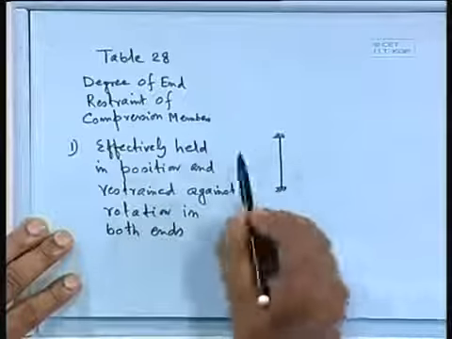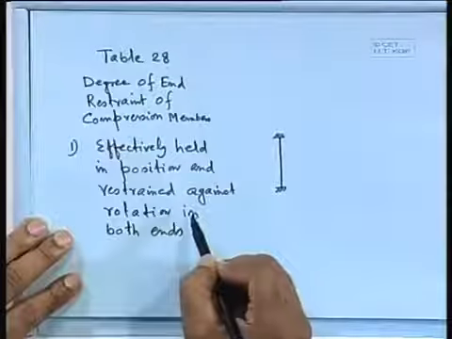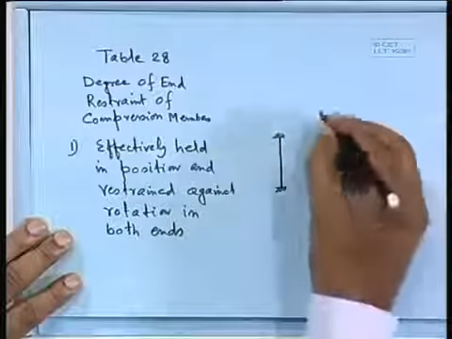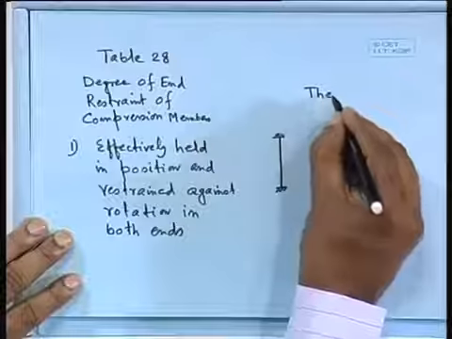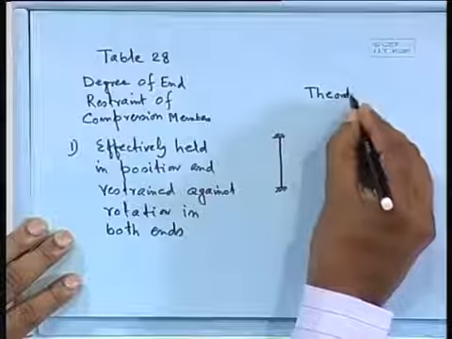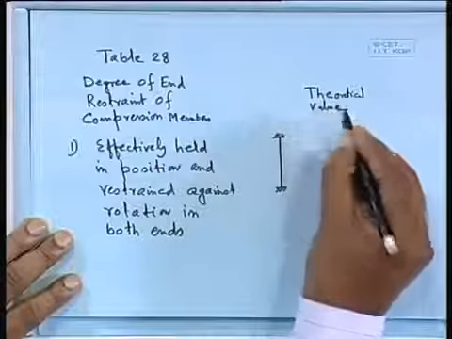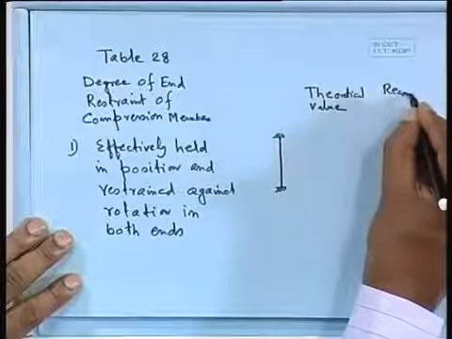Effectively held in position, that means there is no lateral movement, and restrained against rotation, so there is no rotation. So if that be the case, we can find out the theoretical value and the recommended value, what our code says.